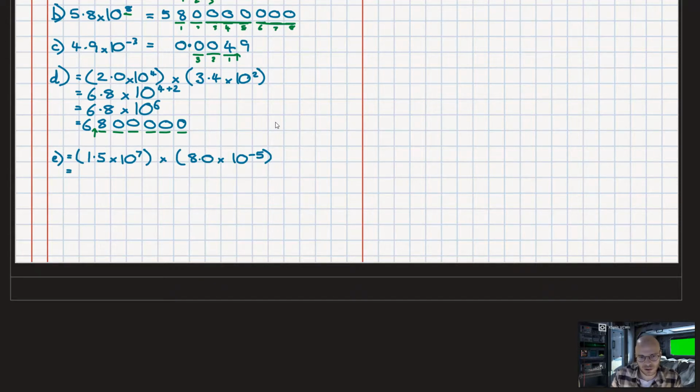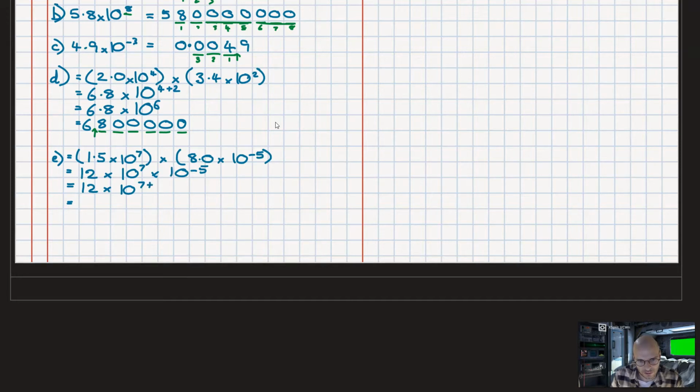Computing this, we're going to multiply 1.5 and 8 together. So that's simply 8 plus half of 8. That's going to be 12 times 10 to the power of 7 times 10 to the negative 5. The common base of 10, we add the exponents together. So we go 10 to the 7, take 5.